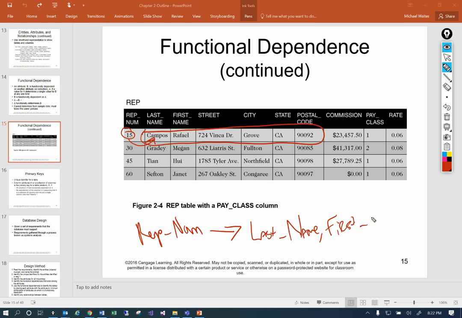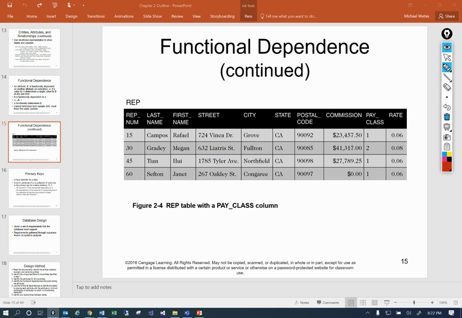And we can have last name, first name, and then, like I said, the rest of these columns here. So that is our primary key.